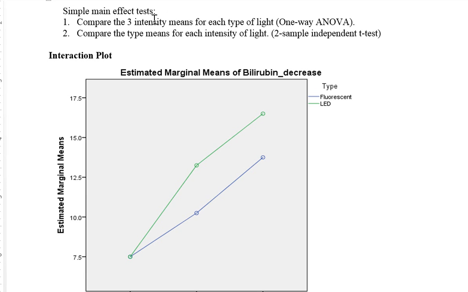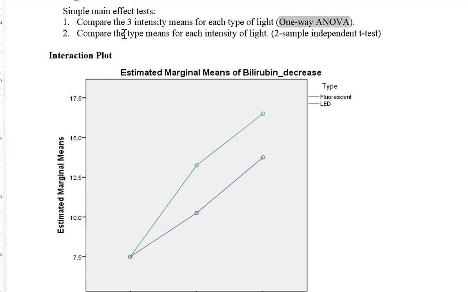So the first one here, compare the 3 intensity means for each type. So we pick fluorescent type, that's the blue, and compare those 3 means. Comparing 3 means, that's going to be a one-way ANOVA. And then for the LED, we want to compare these 3 means here, going across, and see how they are related. That's going to be another ANOVA.